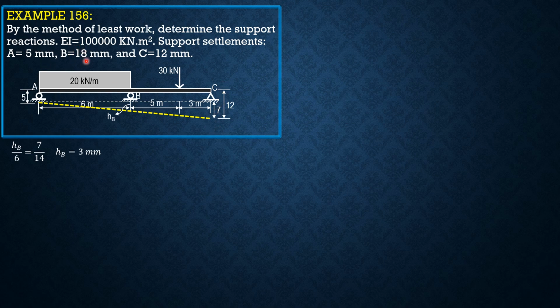Now, because this is 18 mm, that means the net downward displacement at B would be 18 minus 5 minus 3, so 10 mm.